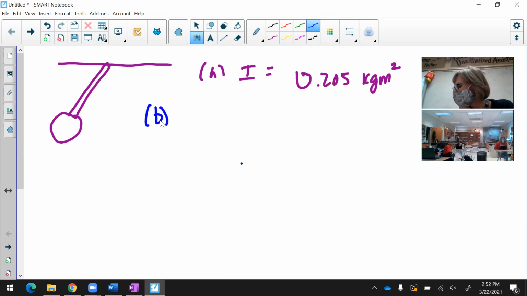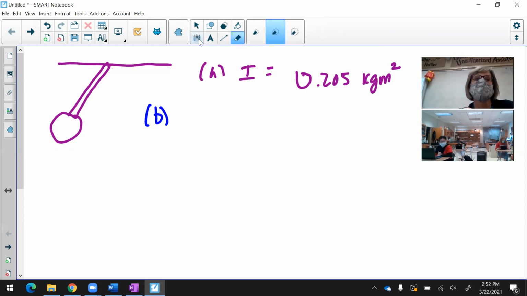And then we were going to move on to part B, which says what is the distance between the pivot point and the center of mass of the pendulum. So how would I figure out where the center of mass of the pendulum was?